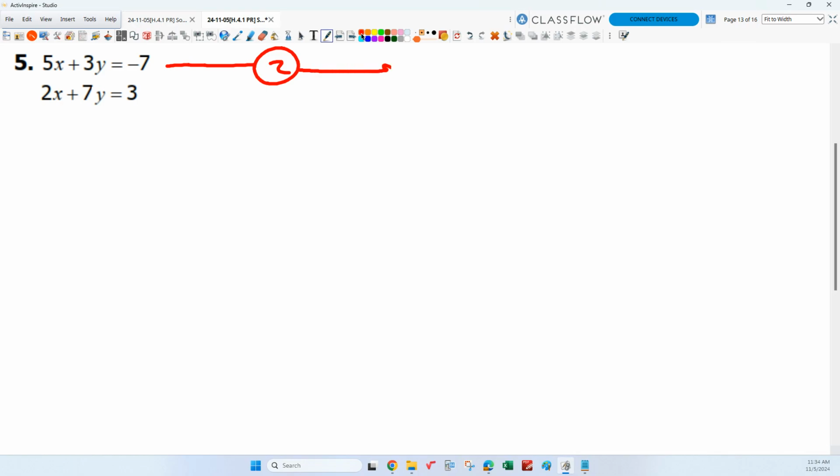Yeah, good. And you're finding the least common multiple of the coefficients of x, 5 and 2, would be 10, right? So we're just going to get 10s. Good. So we multiply top one by 2, and we get 10x plus 6y equals -14. Bottom one we would multiply by -5.